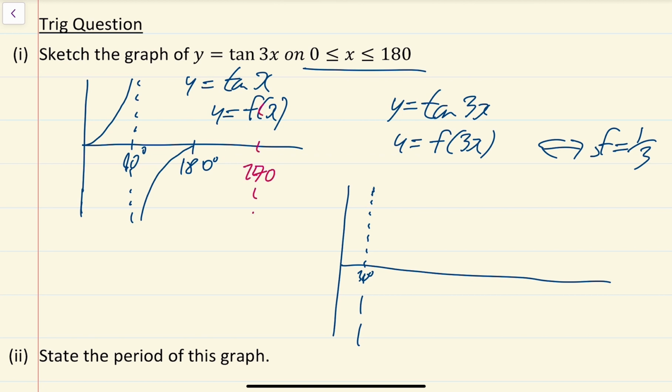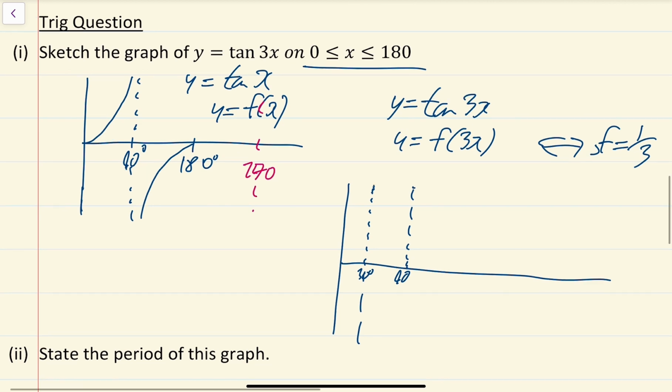So divide 270 by 3, which gives you another one at 90 degrees. Then the next one would have been 270 plus 180, so 450, and that divides by 3. That gives you 150 as the next one.